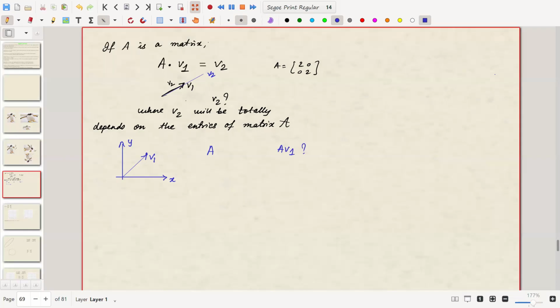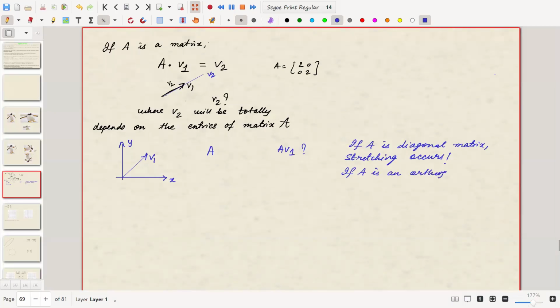There are two cases depending on matrix A. If A is a diagonal matrix, then stretching occurs. If A is an orthogonal matrix, then rotation occurs.